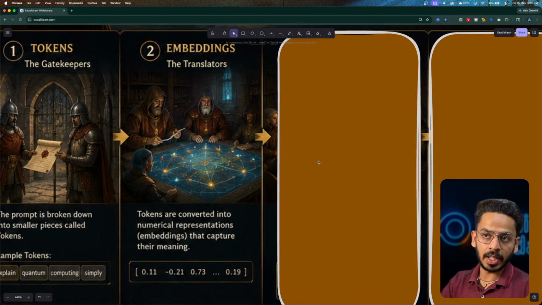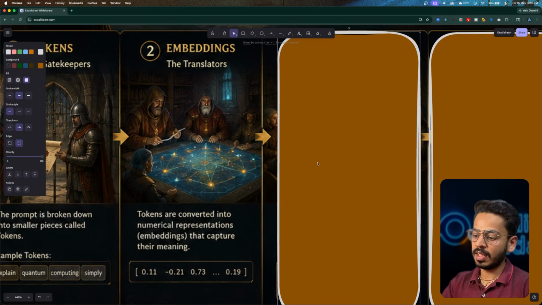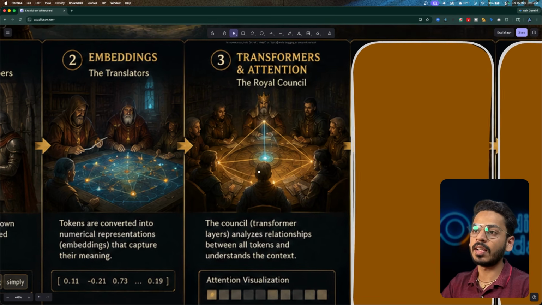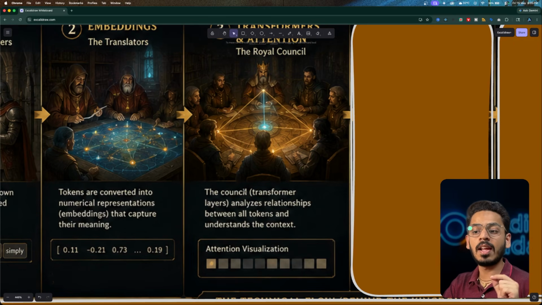Once the translator translates the tokens into embeddings, the next step is given to the transformers and attention council. Here we have the Royal Council. What do they do? The council analyzes the relationship between all the tokens and understands the context.